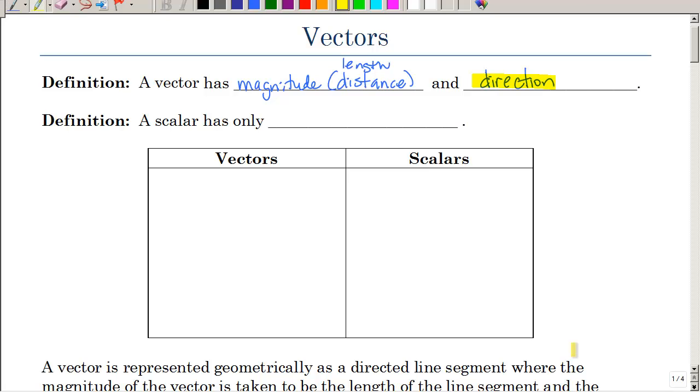This direction is what makes a vector truly a vector, meaning it is different than a scalar. A scalar has only magnitude. So what are some examples of vectors versus a scalar? Think about some real life things. What has something that you measure but direction doesn't matter?